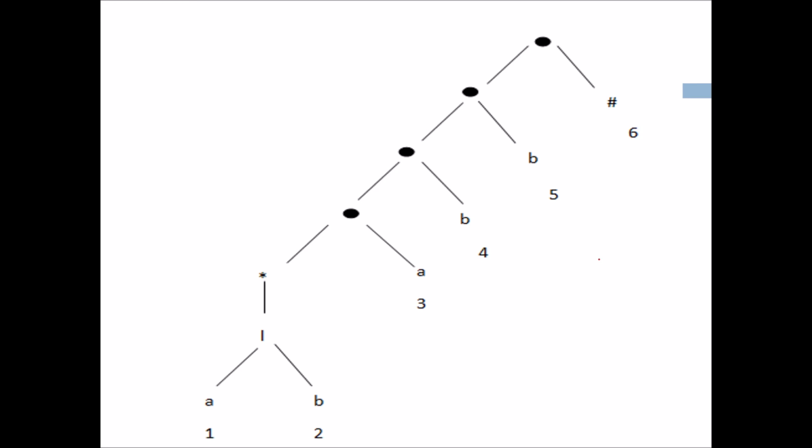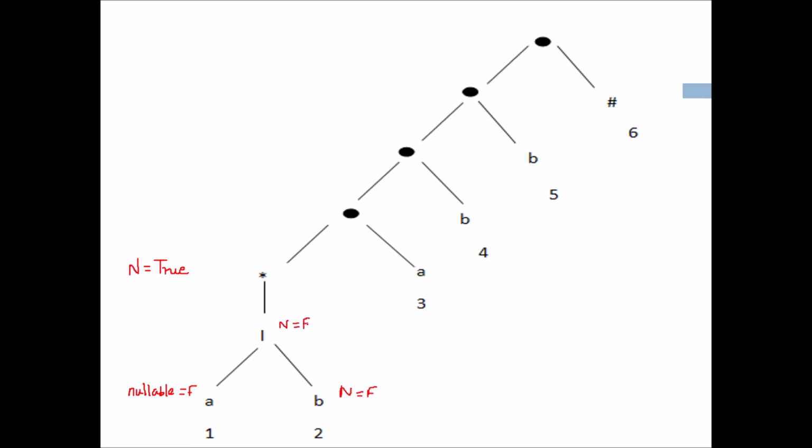Okay, so what is the value of nullable? So we have seen the definition. It says that nullable is only true for star node. So corresponding to this star node, I am writing n to represent nullable. So n or nullable will be true only for this star node, and for any other node the value of nullable would be false.